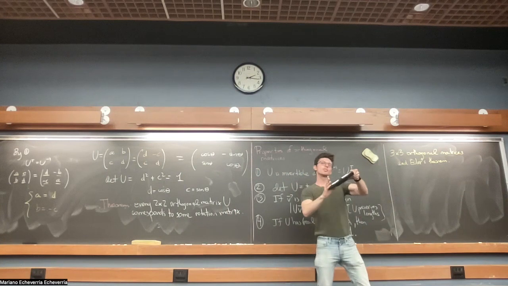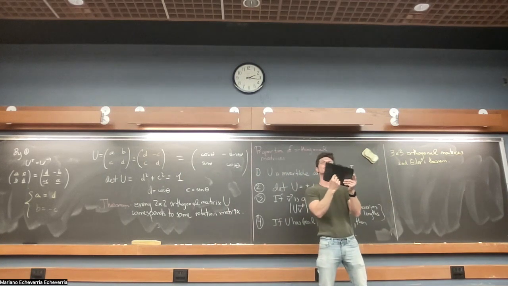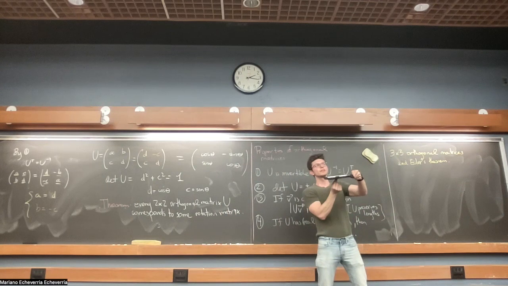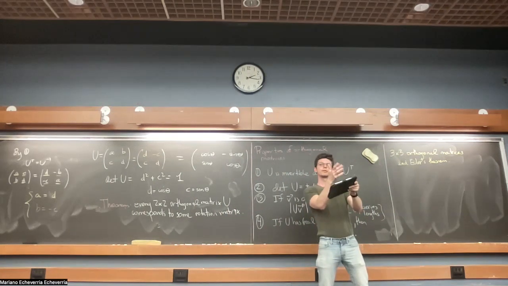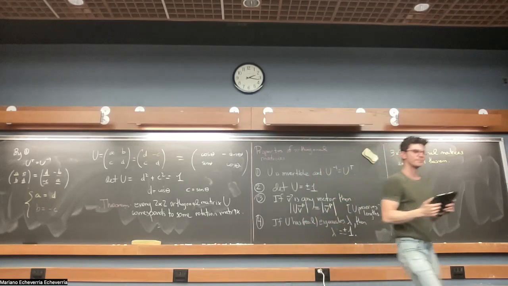So one of the points on that tablet remains in the same spot in space. What Euler's theorem says is that any such motion is a rotation about a certain axis.